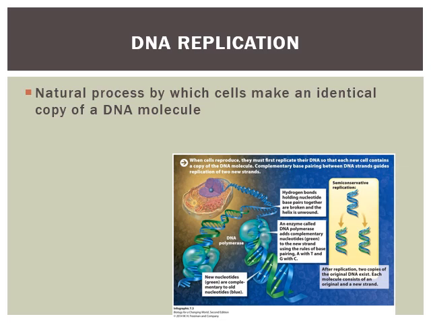It replicates when it needs to, and we'll get into that a little bit when we get into mutations and cancer. But the cells that need to replace themselves more often or need to go through DNA synthesis will do it when they need to. So it's happening all the time in our bodies and all the time in different cells and organisms, but it's not a constant thing, okay? But it is a natural process, and it's basically just these cells making an identical copy of the DNA molecule.